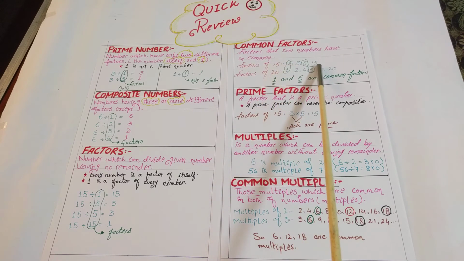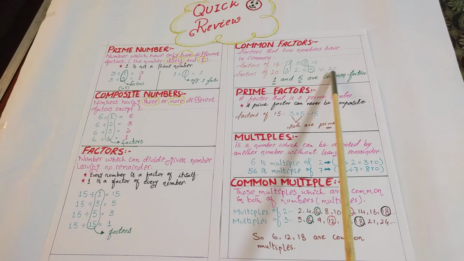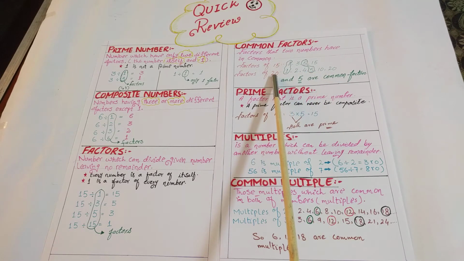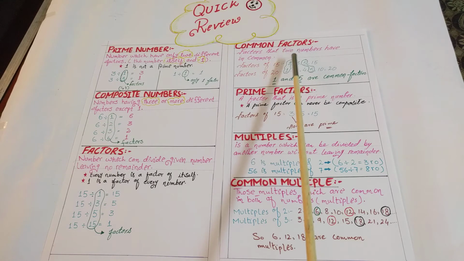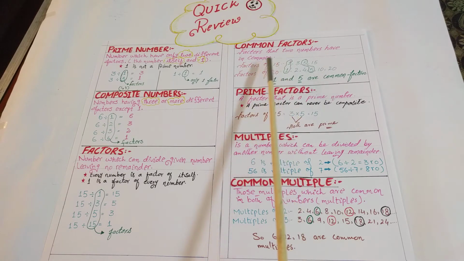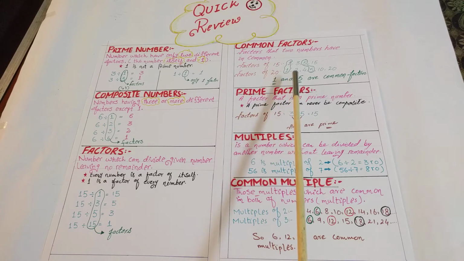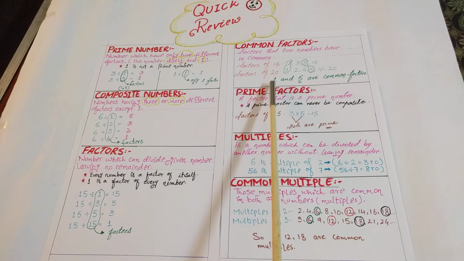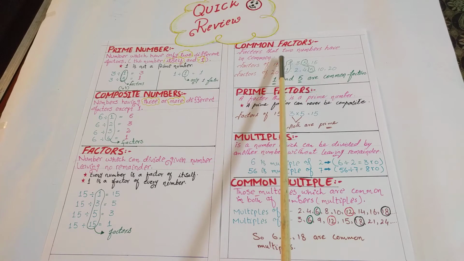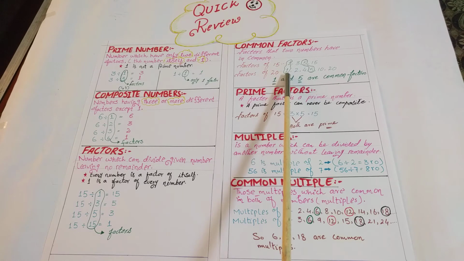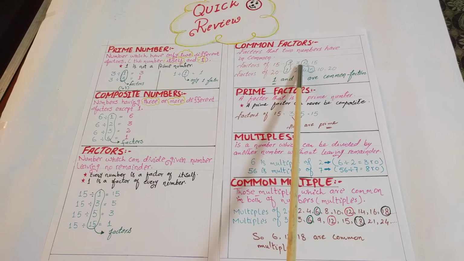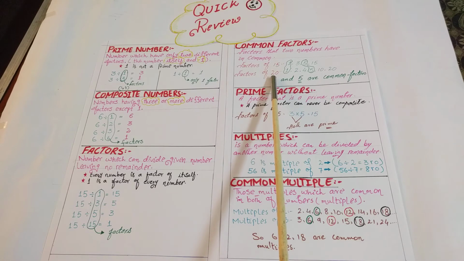Now these are all the factors of 15, and these are all the factors of 20. For a common factor, we check whether there is any factor which is common in both. Yes, 1 is a factor of 15, and 1 is also a factor of 20, so this is a common factor of 15 and 20. 5 is a factor of 15 and 5 is a factor of 20.